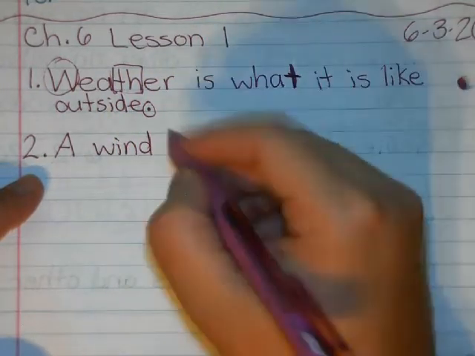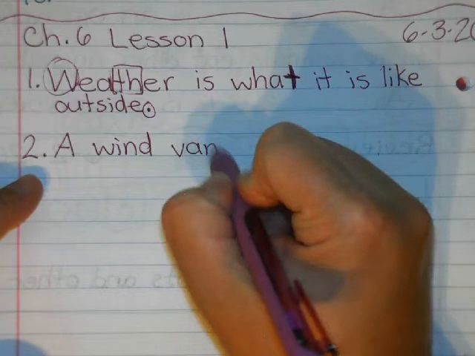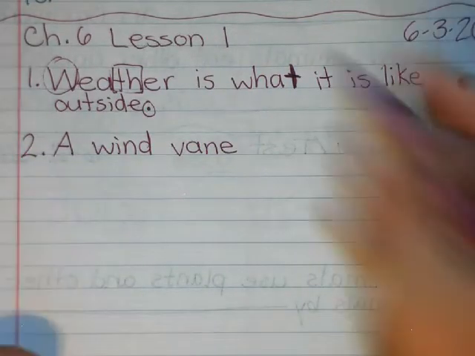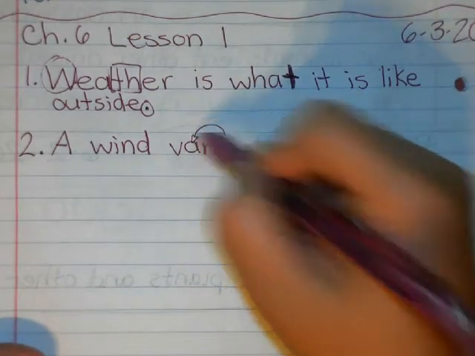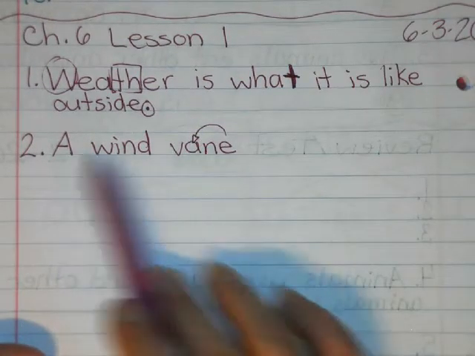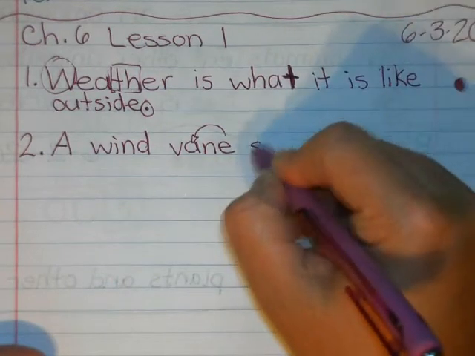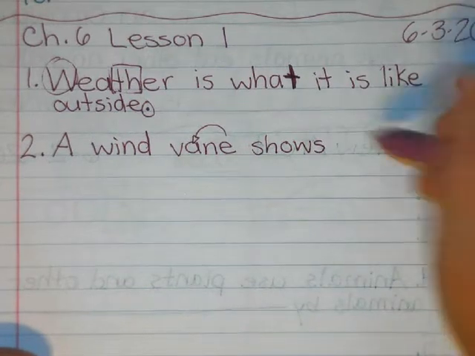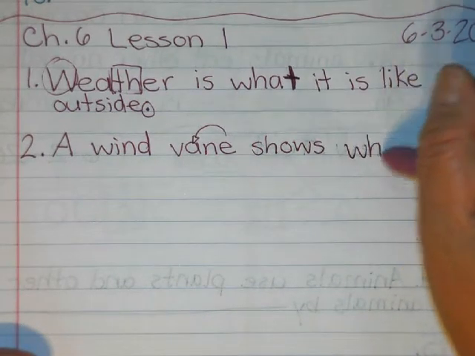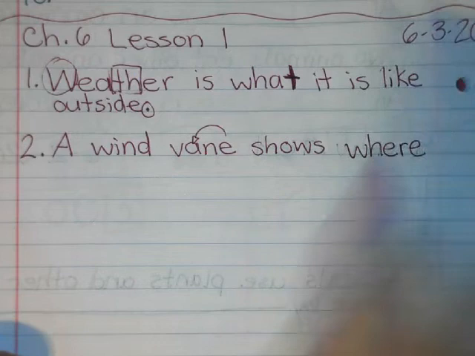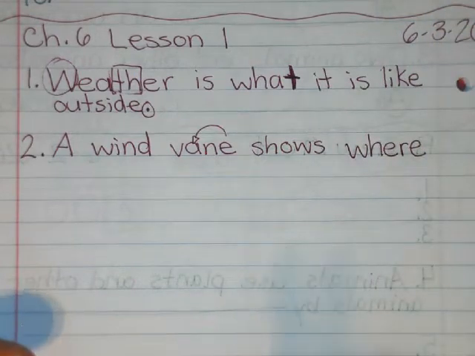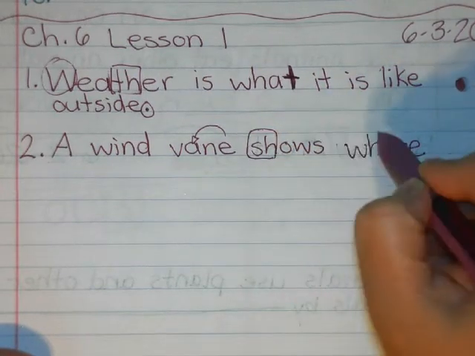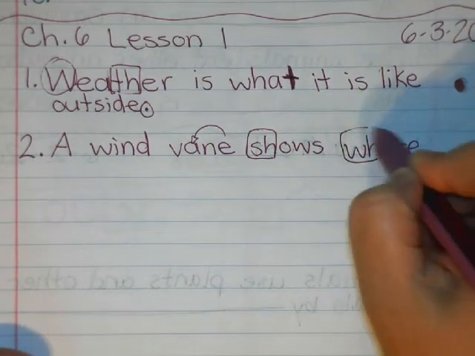A wind vane. I see that bossy E makes A say A in vane. A wind vane shows where, and I see some H brothers, SH, WH.